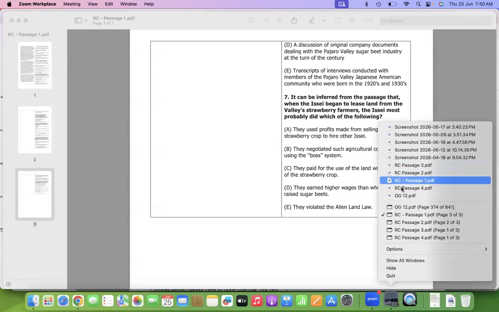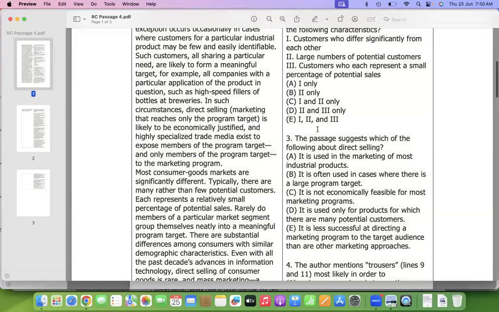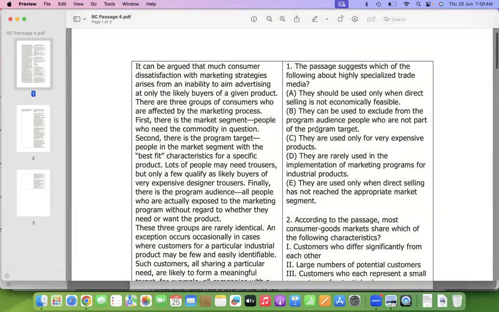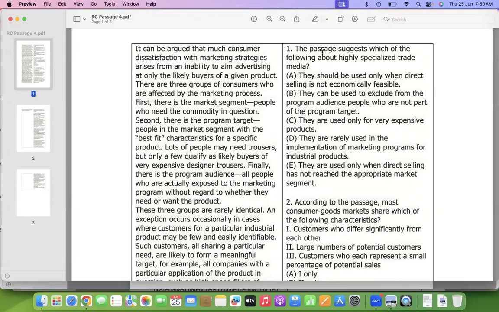Let's take a look at passage 4. Passage 4, please do question number 1.